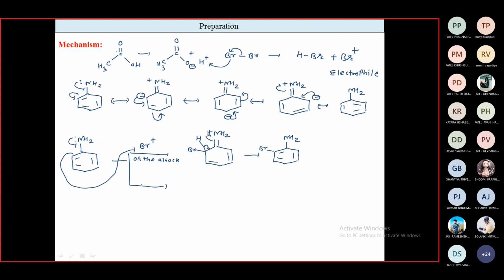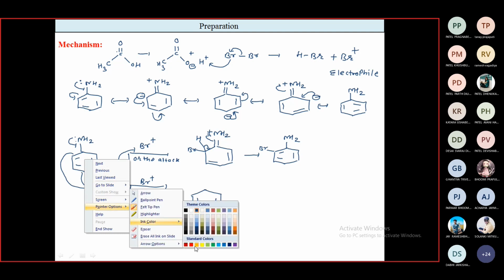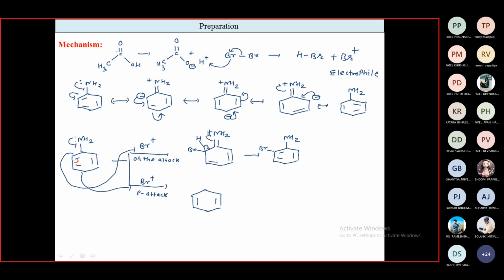Similarly, if you are having para attack, so this bond comes to here. And you can have a para attack, followed by deprotonation.